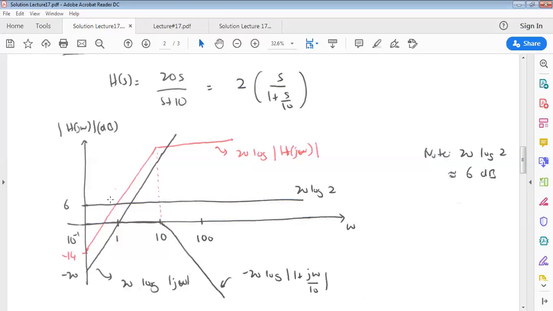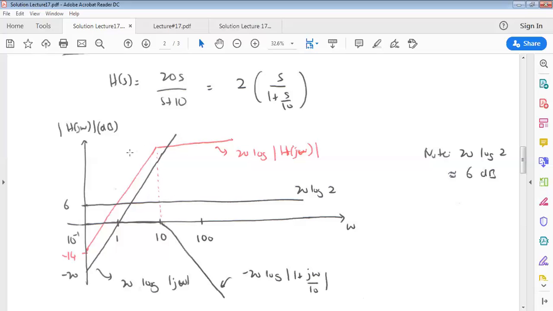Looking at this final plot, we can state that this will be a plot for the high pass filter, where the slope of positive 20 dB per decade for frequencies lower than 10 radians per second is a stop band. For frequencies bigger than 10 radians per second, which is a constant value, this is a pass band region.